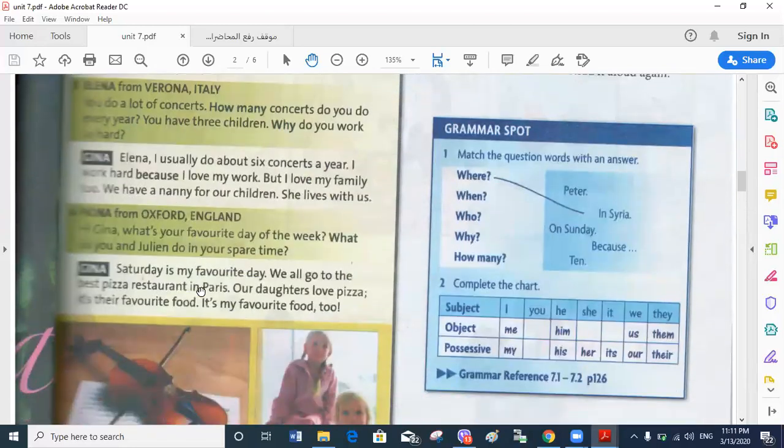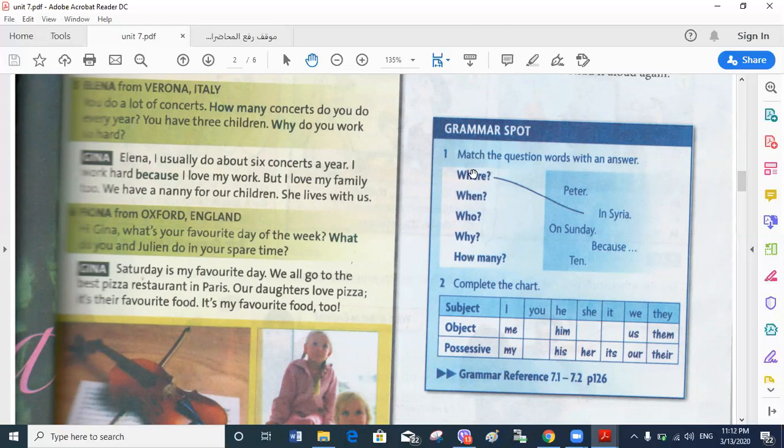In this grammar spot, try to match the question word with its suitable word here. So we have 2 columns. The first column, we have the question word, and the second column is the words that match or could be suitable for the answer for this question word.